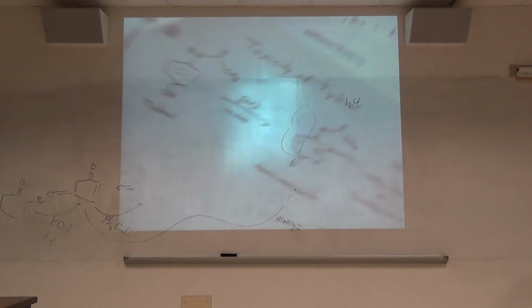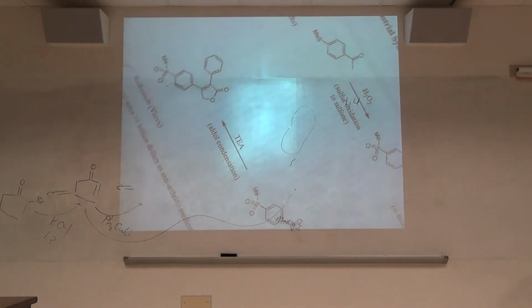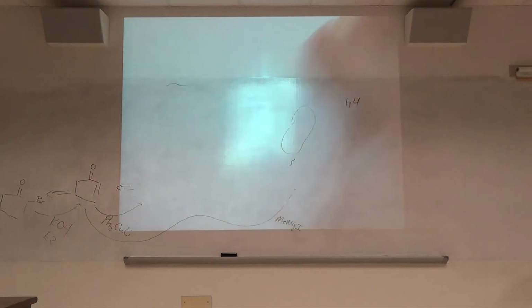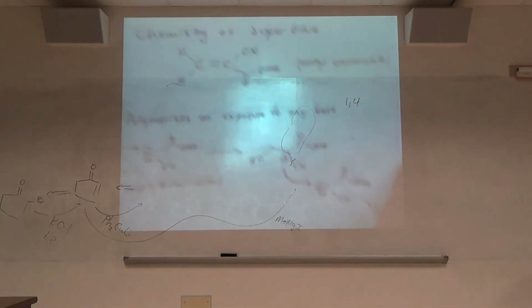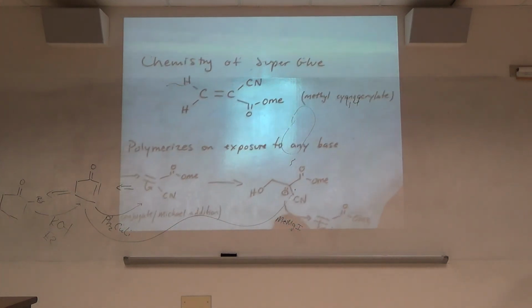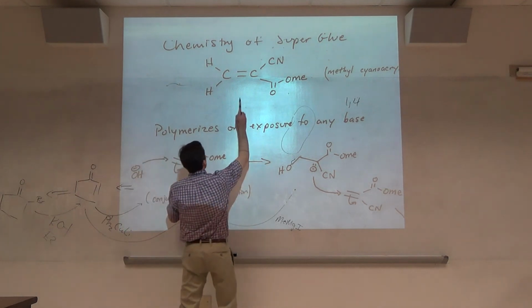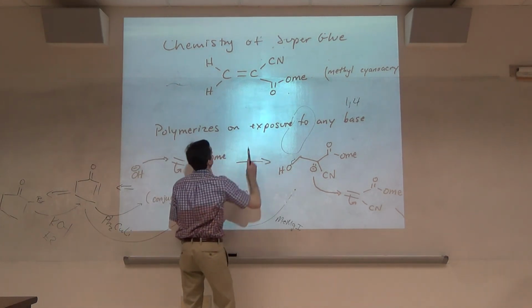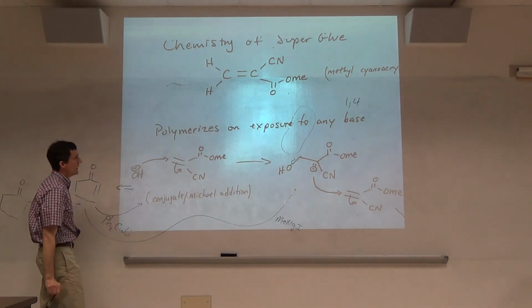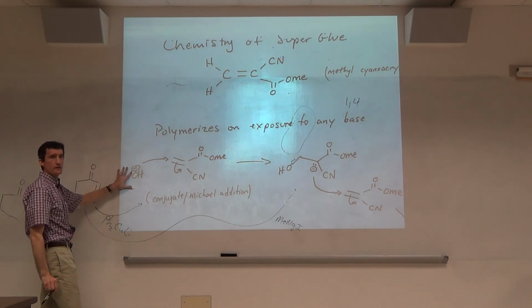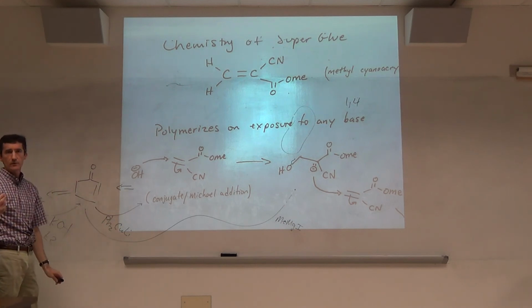The other thing I wanted to show you, because it goes with that Dermabond, is super glue. Chemistry of super glue. There's super glue. It's an alpha, beta unsaturated carbonyl. It will polymerize on exposure to base. Go from a liquid to a polymer.